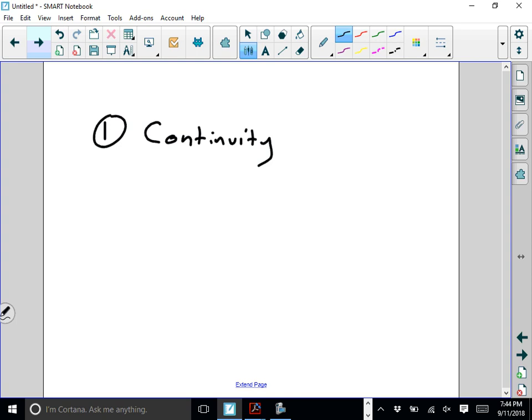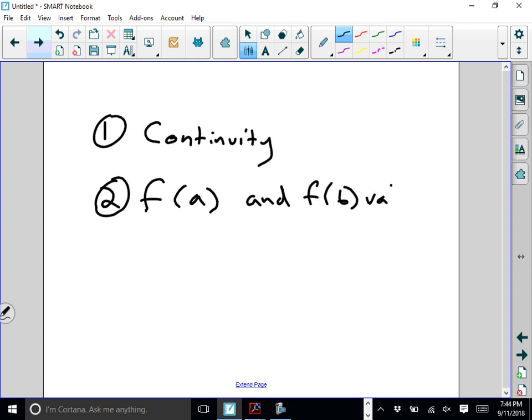You also want to state the 2 values that surround the C value that we're looking at. So you want to state that f of a value and that f of b value to show that the f of c value you're looking for is in between those 2 numbers, right?